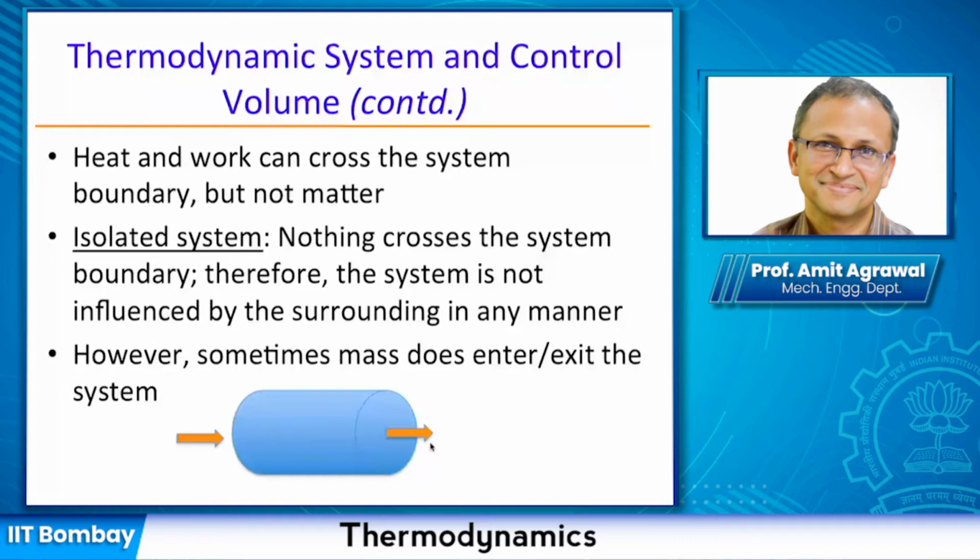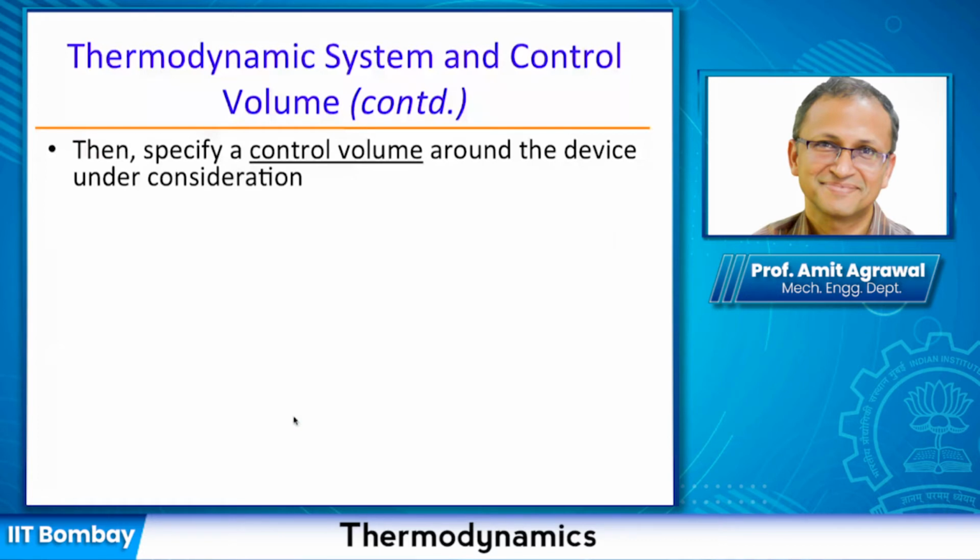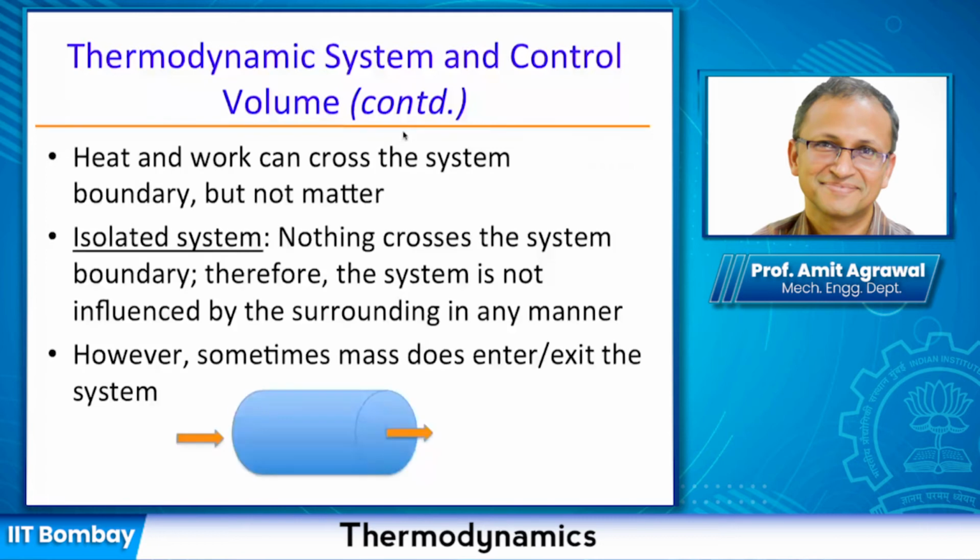In a thermodynamic system, we said that is not possible. But now, because we are realizing that it is too complex, or even sometimes not possible to do an analysis, we have to go in for a slightly different approach, which we call the control volume approach, where we define some sort of a volume, which we call a control volume, around the device under consideration, just like this pipe, which could be a much longer pipe, but I'm taking a small segment of that.